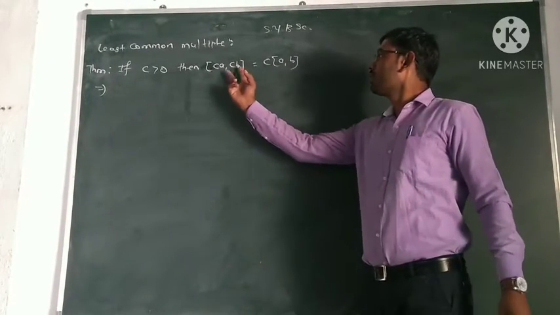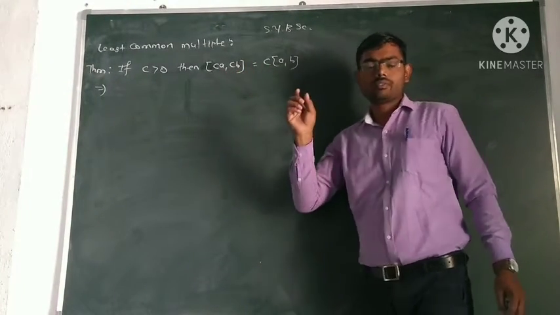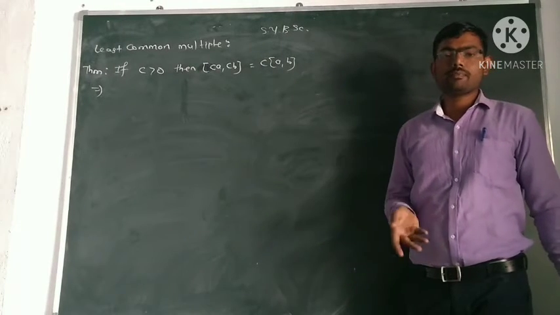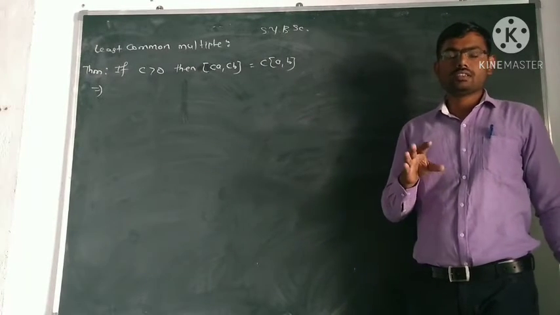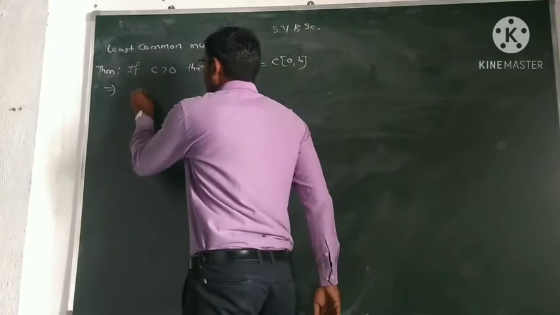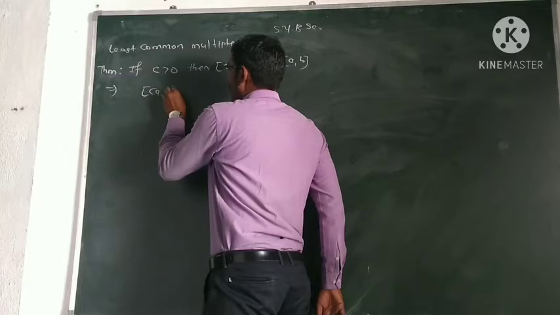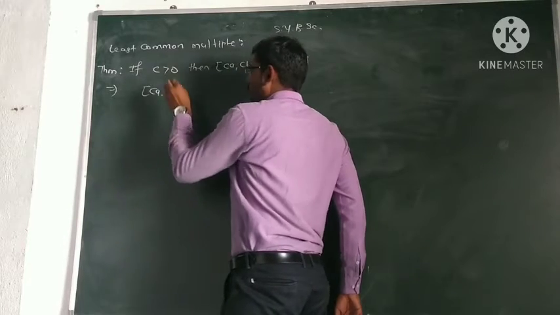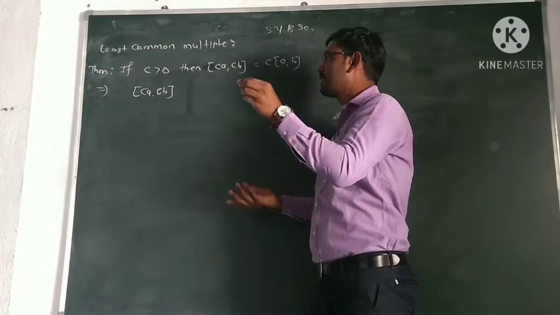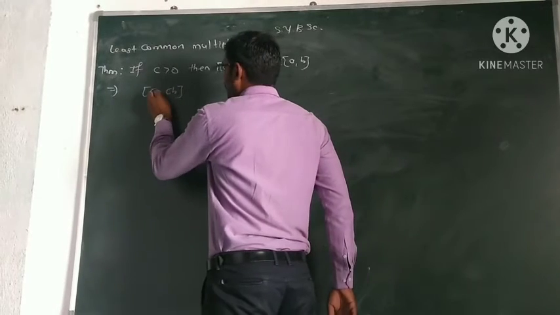Now we know the property, that is, the relation between LCM and GCD. CA and CB are two integers now; A and B are integers, and C is also an integer.